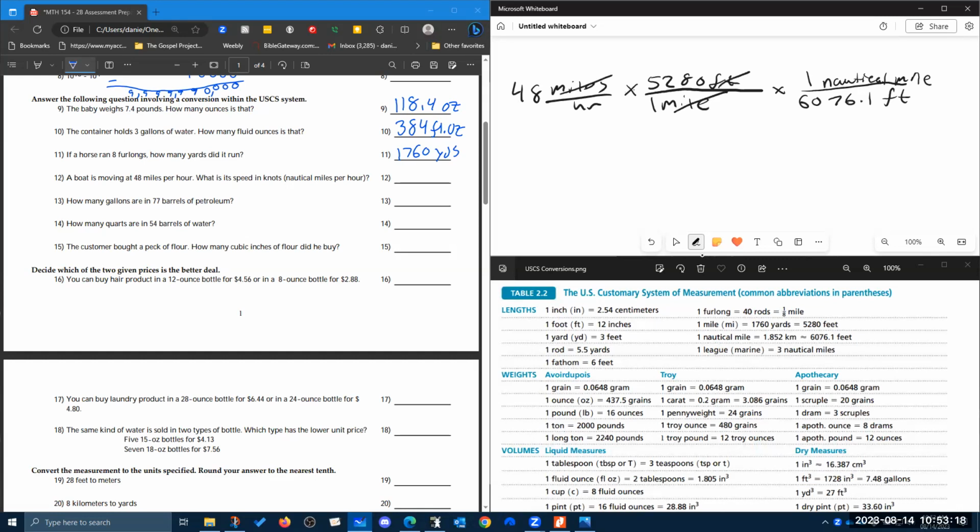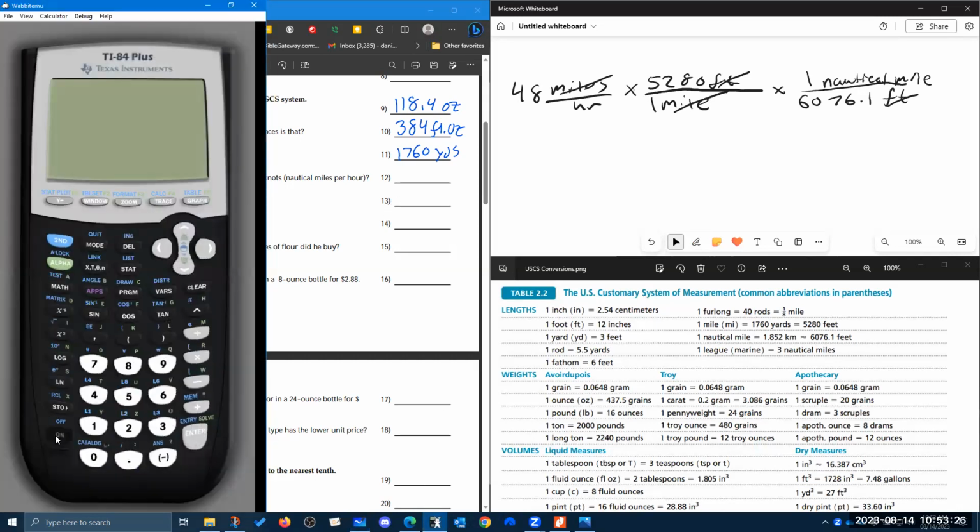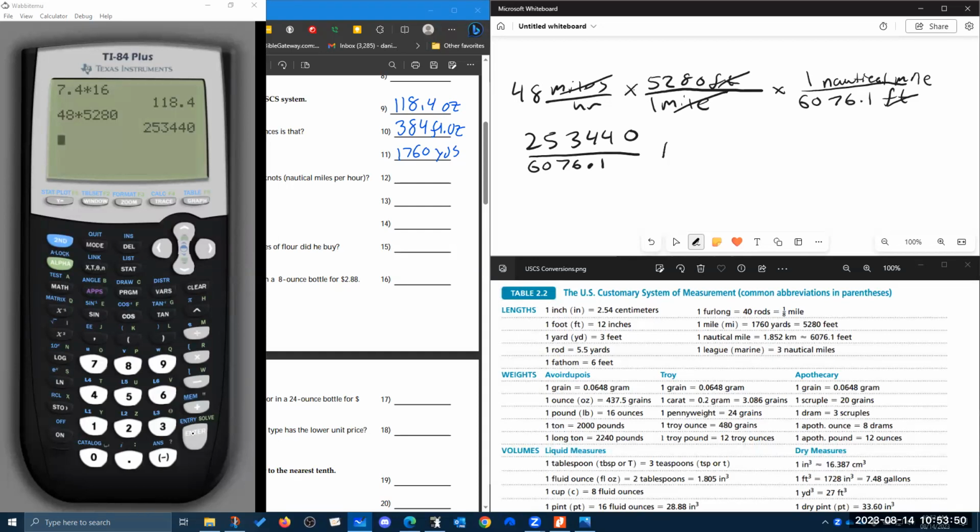Miles will cancel, feet will cancel, and my numerator is going to be 48 times 5280, which is 253,440. My denominator is going to be 6076.1, and this is going to be nautical miles per hour, which is going to be knots.